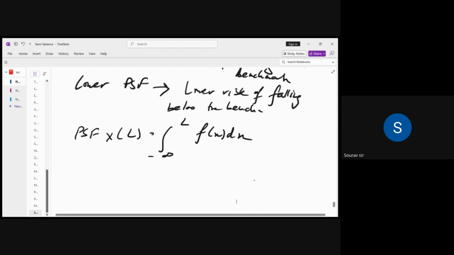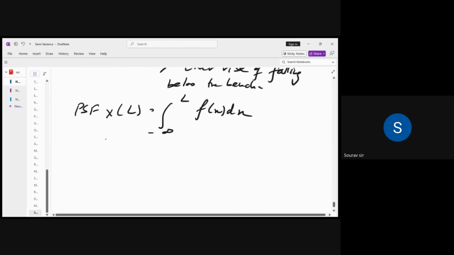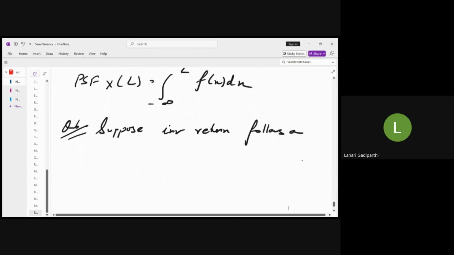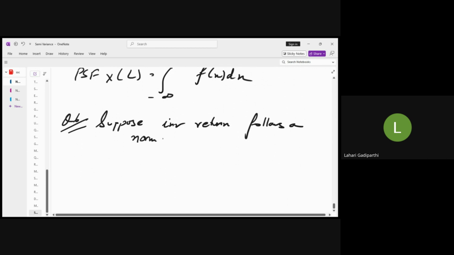Suppose, question 5, suppose the investment return follows a normal distribution, X is N(10, 4 square).